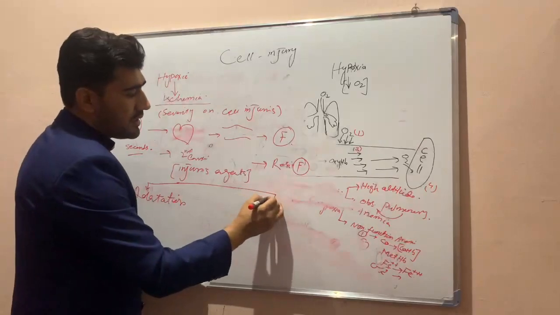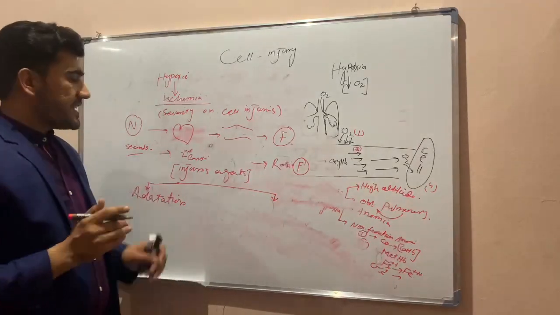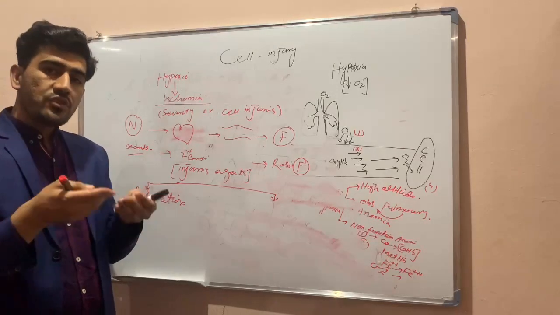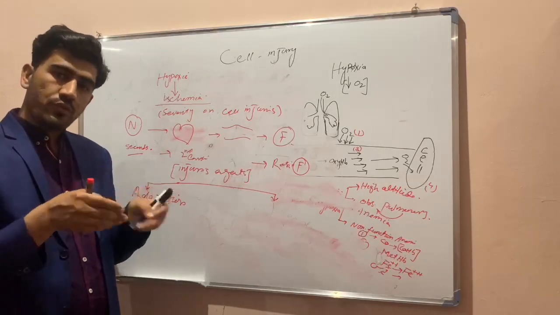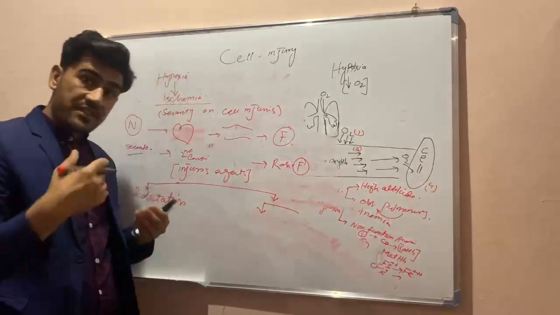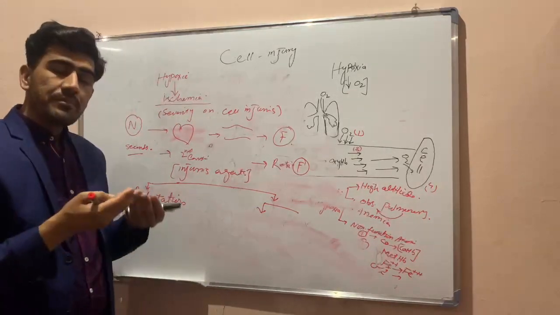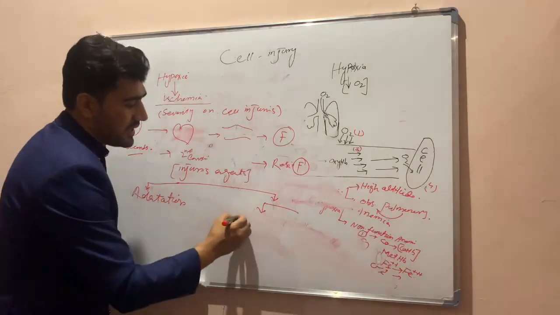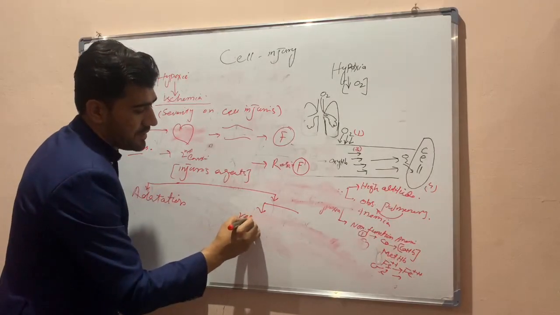When the cell faces the injurious agents chronically and we remove the injurious agents, the cell reverts to its normal function, so this is called reversible cell injury.